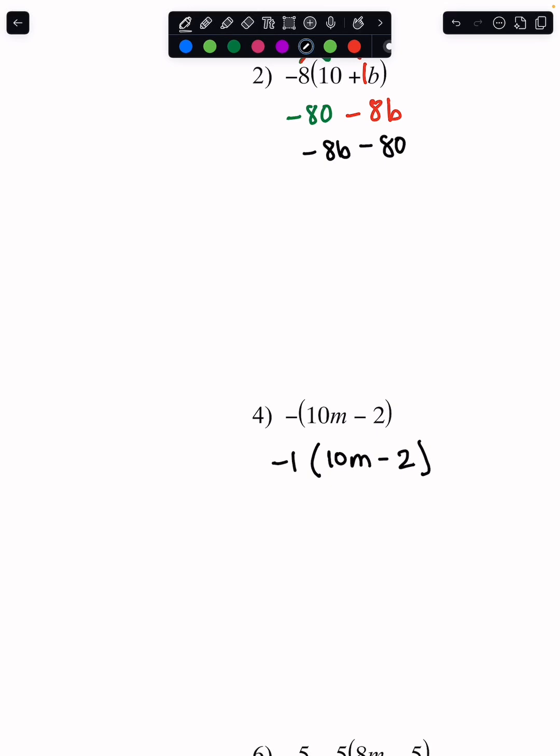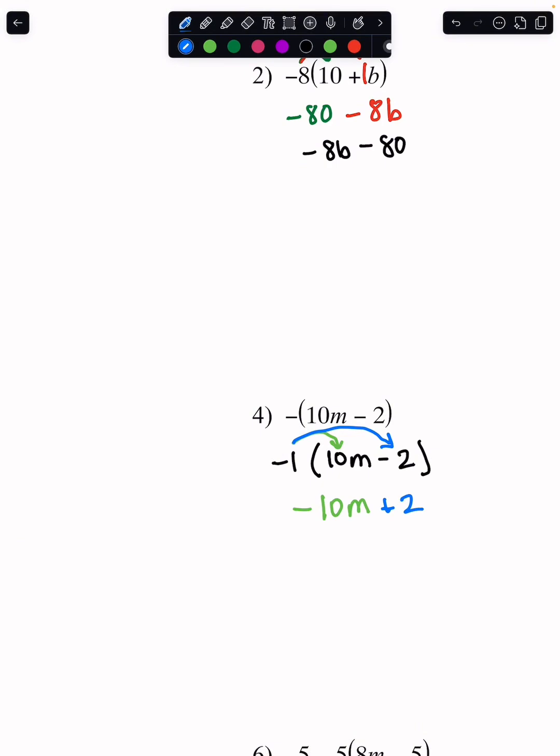You have to distribute it to each thing. So now I'm going to do negative 1 times 10m. That's going to be negative 10m. And then I got to do negative 1 times negative 2. And if you know your integers well, negative 1 times negative 2 is a positive 2. And that is your final answer there.